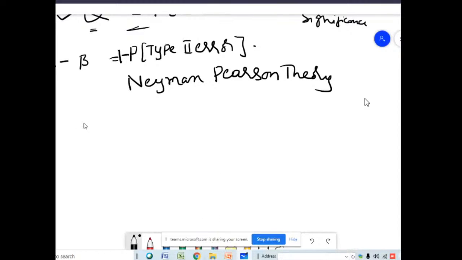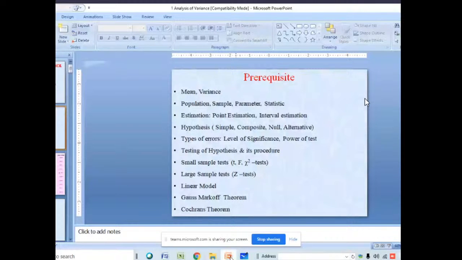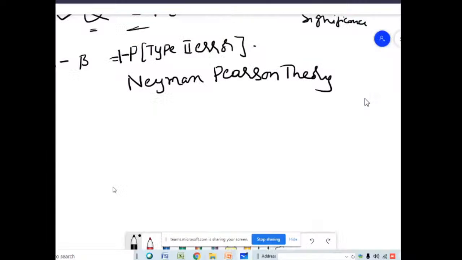Now I'm coming to the part of level of significance and power of the test. So the test procedure, all of you know. Whenever you are going for any of the tests, generally the first step is to frame the null hypothesis. The next step is to frame the alternative hypothesis.